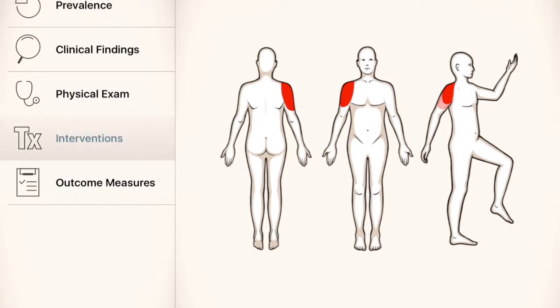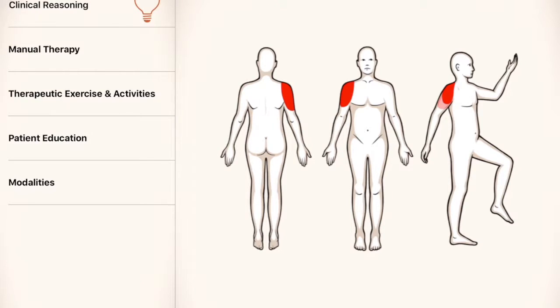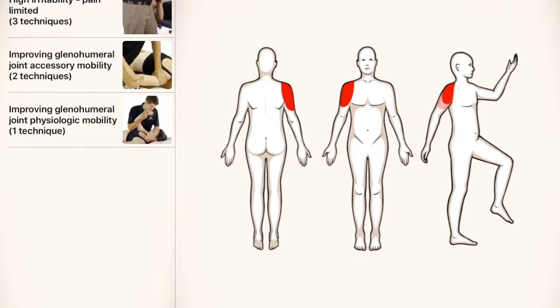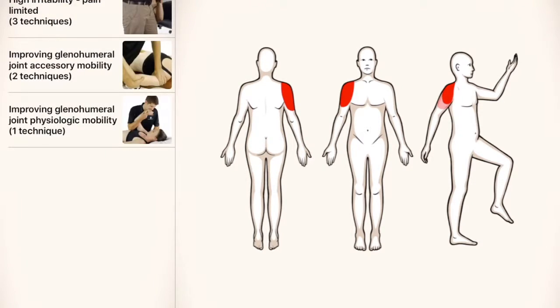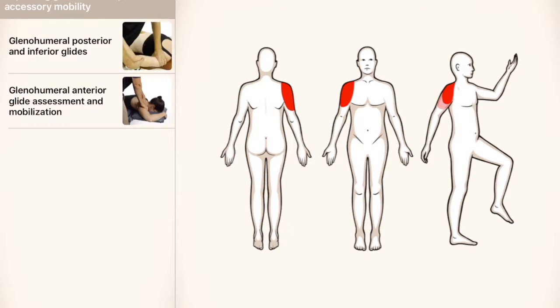When we come to the interventions, we want to take a look at the manual therapy interventions. Now, remember, if they're high irritability, just like the guidelines define, then we want to do things that are typically short of pain, gentle oscillations, deep pressure to the muscles. As the patient moves into more of the frozen phase, then we start using more moderate level forces of mobilizations.